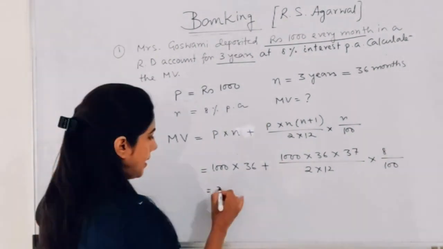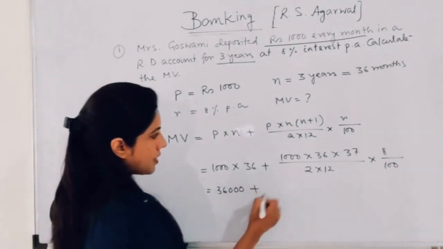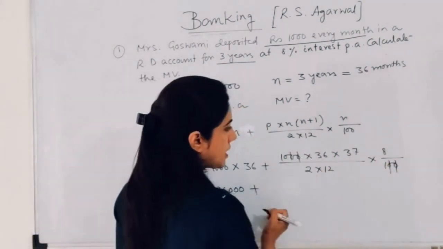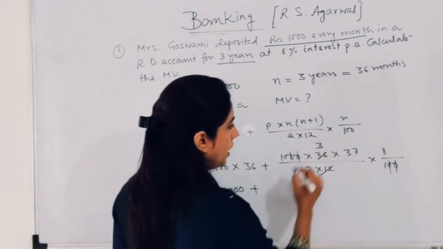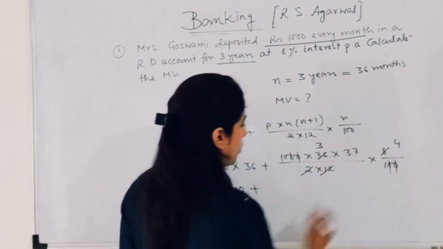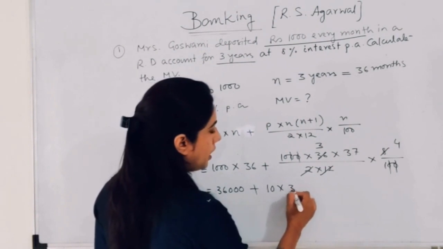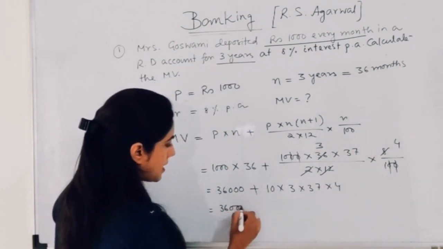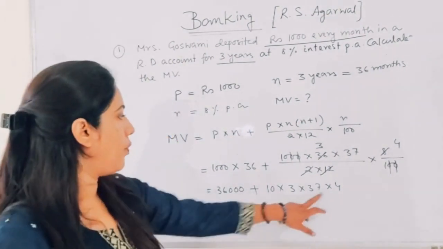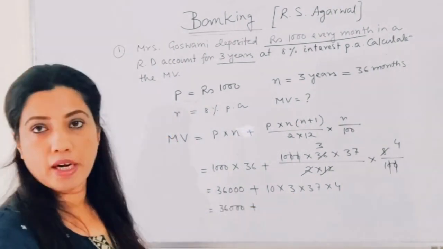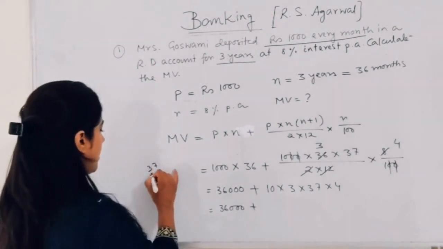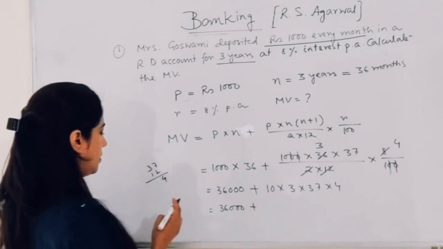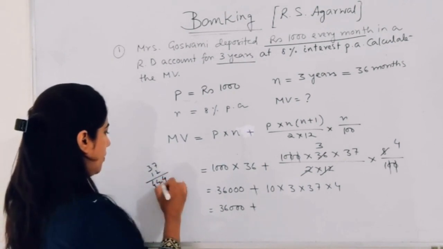Now this is coming 36,000 plus, here you cancel it out as much as possible. 0, 0, 0, 0 gets cancelled. 12, 3, 2, 4. So you are getting 10 into 3 into 37 into 4. So it's coming 36,000 plus 4 into 3 is 12, 12 into 37. Let us do this. 37 into 12 is 444.